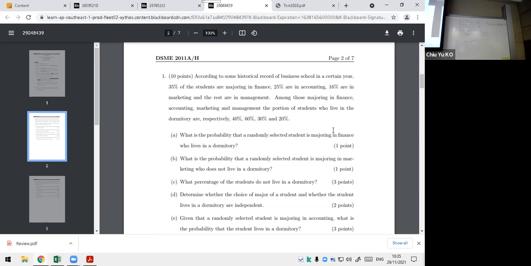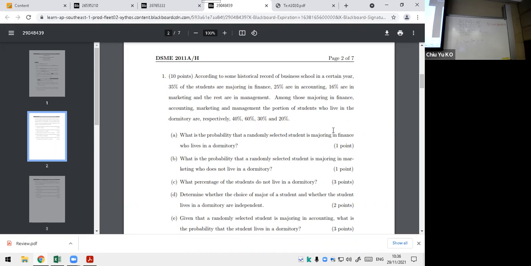We'll use this one and this one. First, the complement rule: given that you're in marketing, 30% live in the dorm, which means 70% do not. So the probability of not in the dorm given marketing is 0.7.